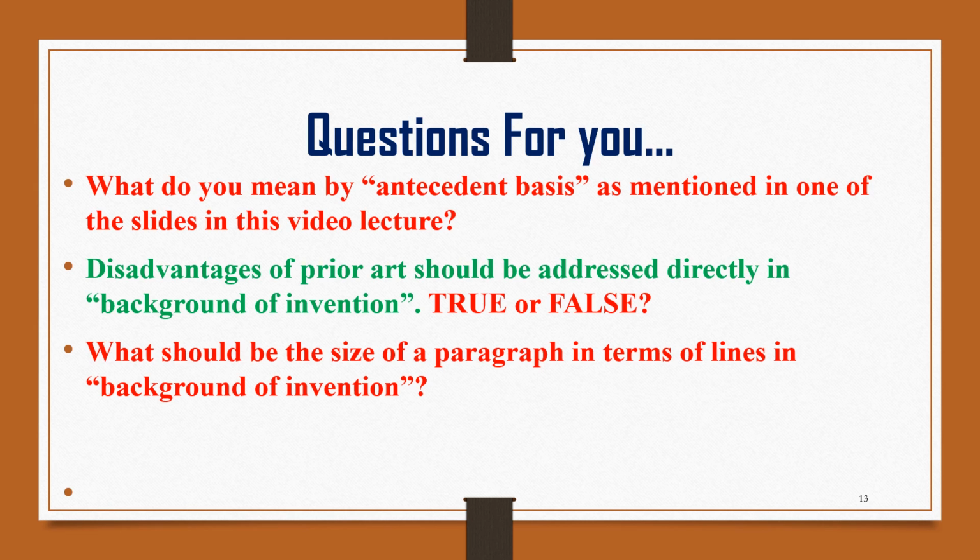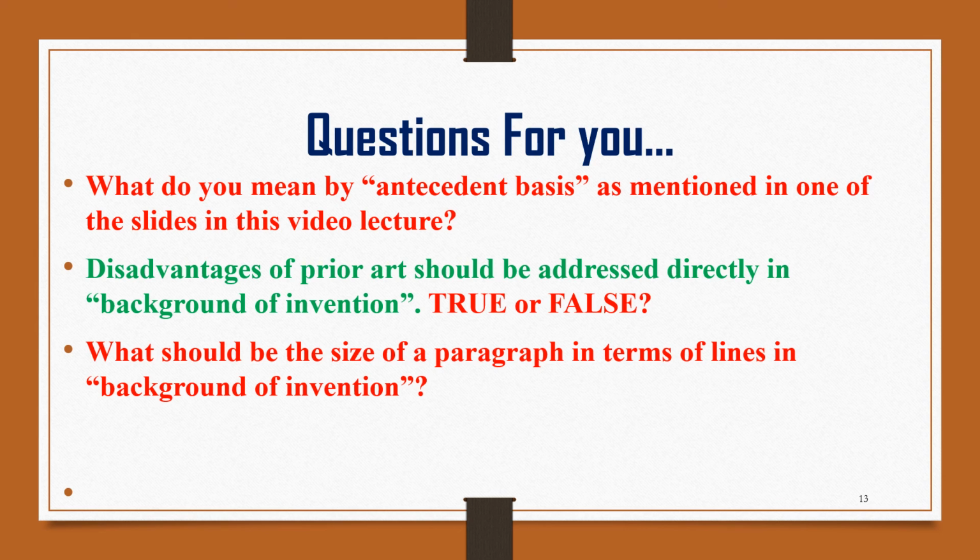Now comes the most awaited slide for this video lecture: questions for you. Question number 1: what do you mean by antecedent basis as mentioned in one of the slides in this video lecture?